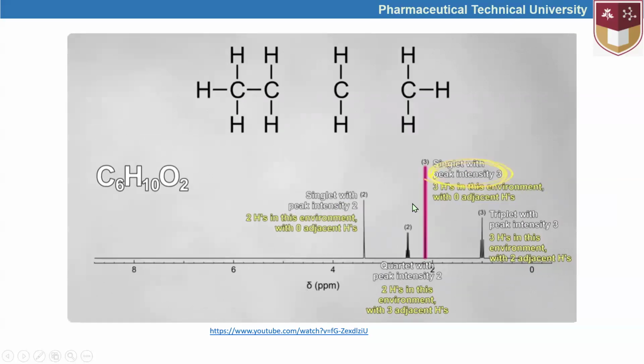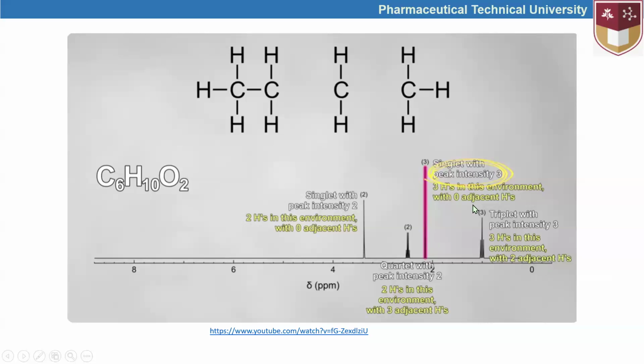And the fourth one, singlet signal with 3 hydrogens, also has no adjacent hydrogens. That's why we have to know there is one carbon or oxygen, since we have 2 carbons and 2 oxygens not included in this structure.